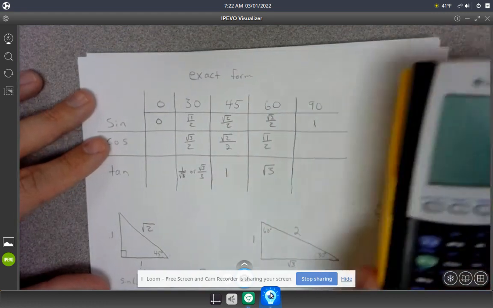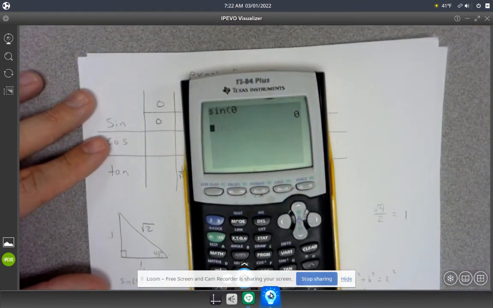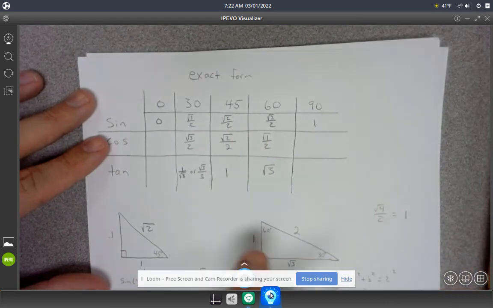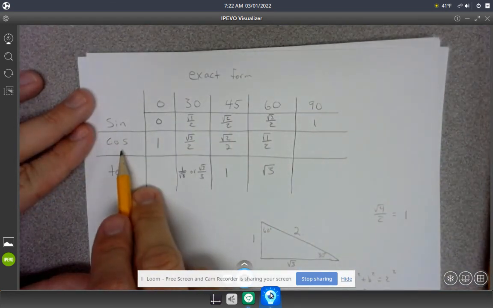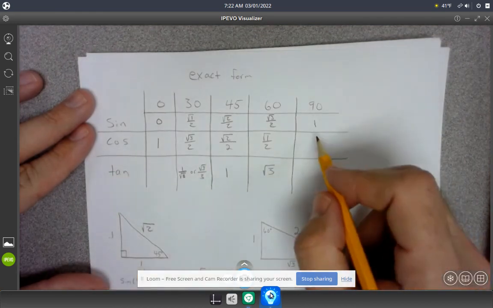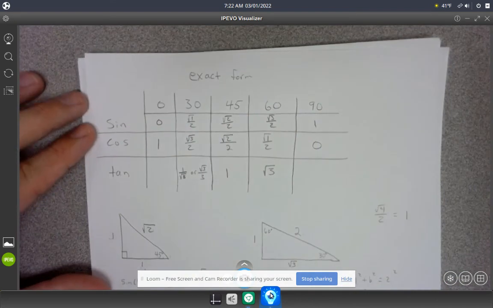Okay. And you can confirm these on a calculator if you want. Sine of 0 is 0. Sine of 90 is 1. Okay. Cosine of 0 is going to be 1. And then cosine of 90 is going to be 0, just like the flip-flop of the sine one.